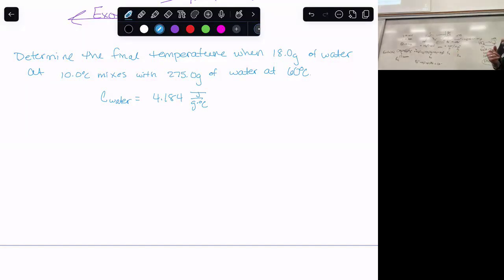So we have to determine the final temperature when 18 grams of water at 10 degrees Celsius mixes with 275 grams of water at 60 degrees Celsius. We know the specific heat of water is 4.184 joules per gram times degrees Celsius.